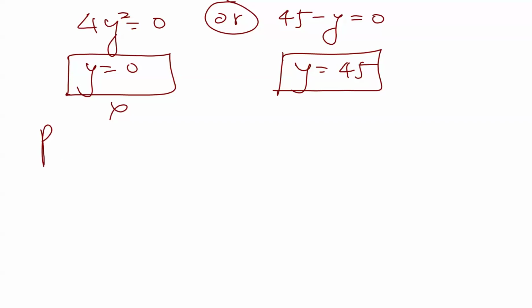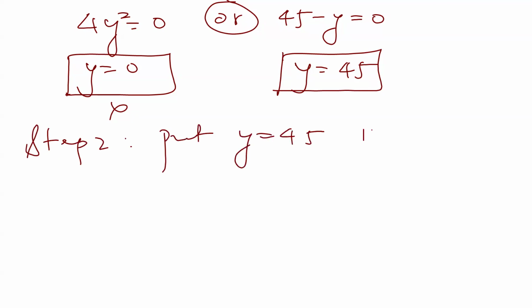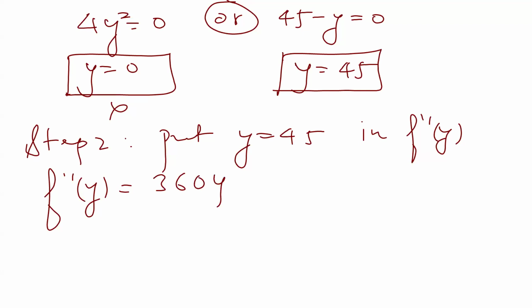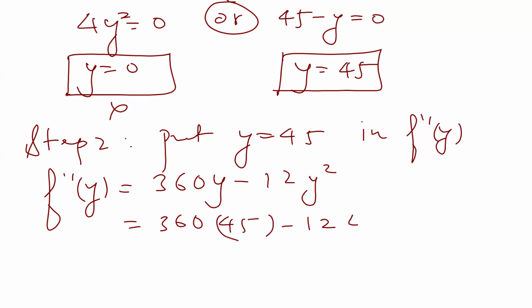Okay. Step 2, put y equal to 45 in f double dash y. F double dash y equal to 360y minus 12y square. So 360 into 45 minus 12 into 45 the whole square.